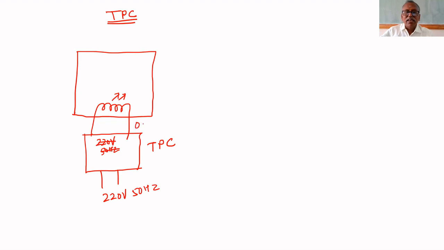The TPC will vary the voltage from 0 to 220 volt, so that the power varies. TPC will vary the output voltage. That is also another power electronic device.